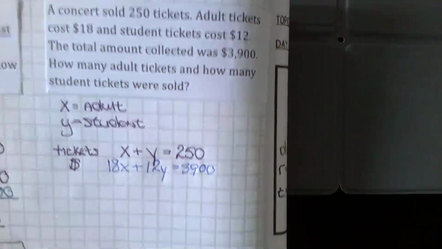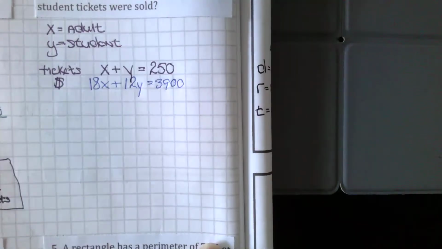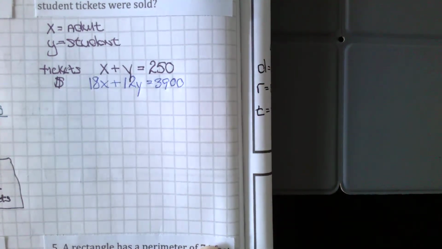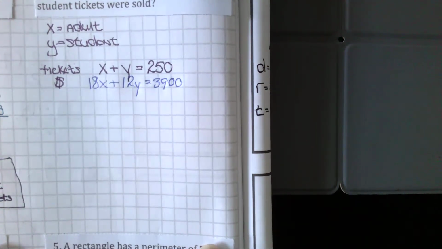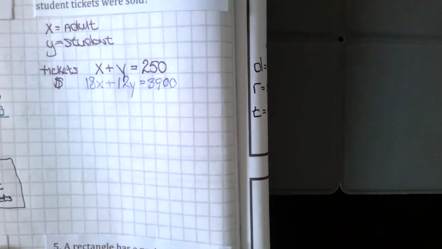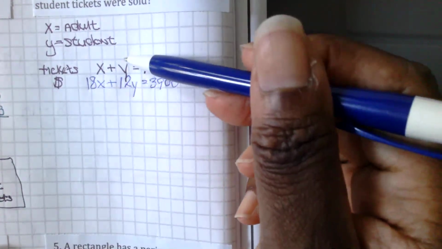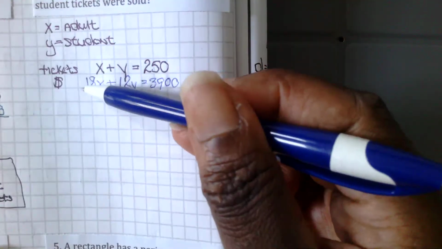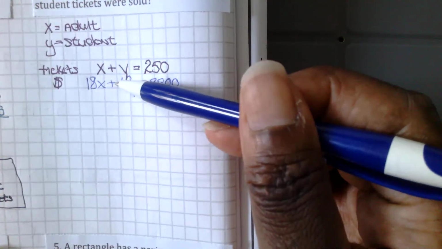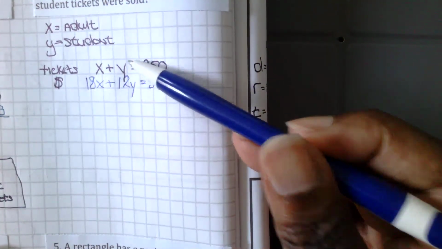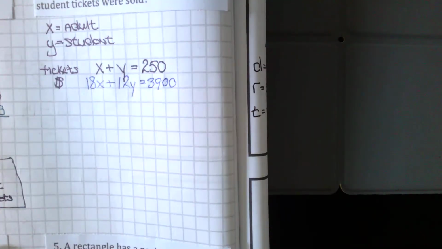So now we have these two equations. In order for you to cancel anything out, they have to have the same numbers but different signs.